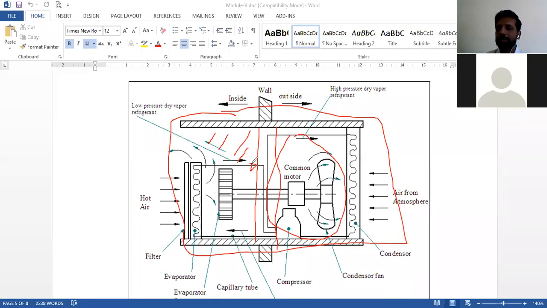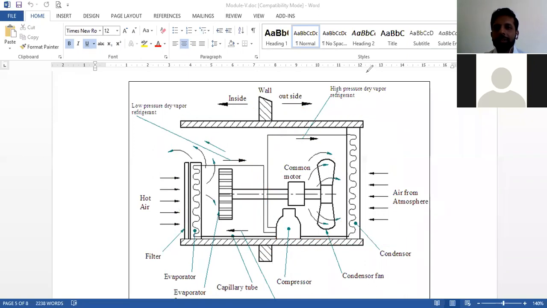Whatever the distance is from the room to where we are going to place this condenser unit, it is going to be connected by the copper tubes only, so that the refrigerant can flow through these tubes. That is the only difference between the split AC and the olden days single unit AC. There is no other change at all. So this is how an air conditioning system works.